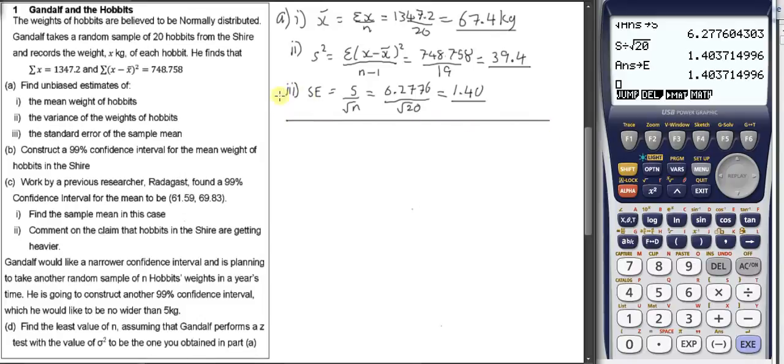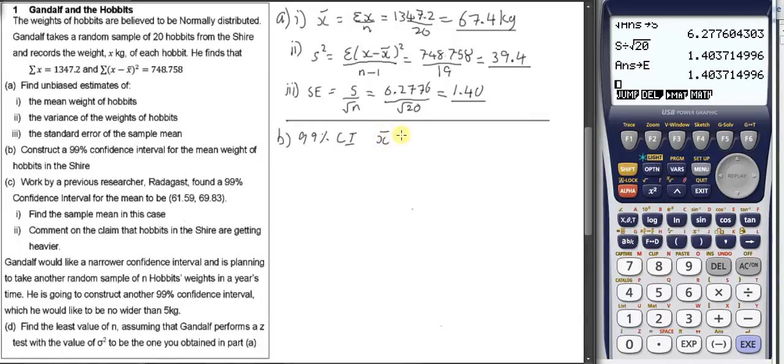We can move on to part B now, where we're asked to find a 99% confidence interval. Now we've got a normal distribution, a small sample with an unknown standard deviation, and that tells us that we're going to need a t distribution.